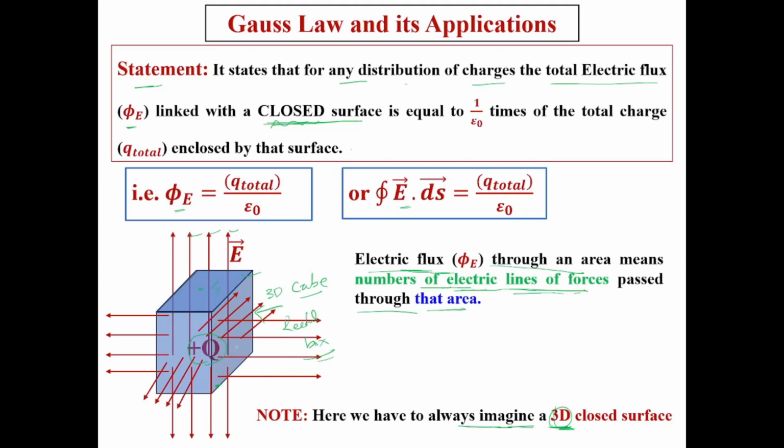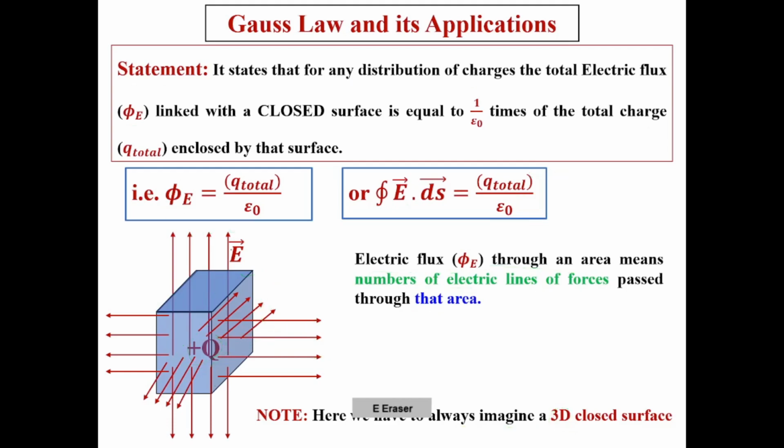The total electric flux passed through the 6 faces of this closed surface, or 3D closed surface, is equal to q total by epsilon 0. Here q total means the total charge enclosed by this 3D surface.